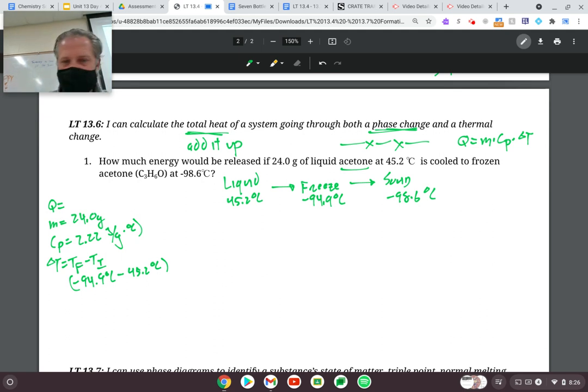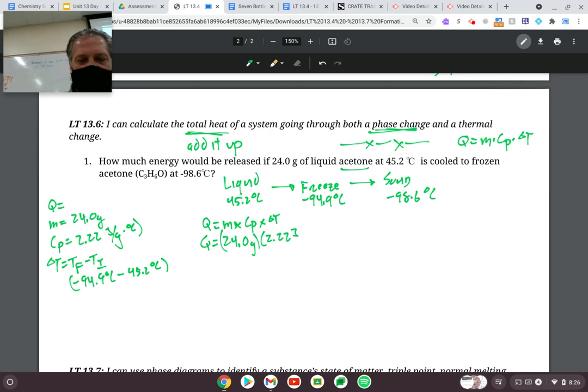Okay, now so now I'm just going to use my heat formula, which is Q is equal to mass times Cp times delta T. So Q is equal to the mass, which is 24.0 grams, times the specific heat as a liquid, which is 2.22 joules per gram per degree Celsius, times the change in temperature, which is negative 94.9 minus 45.2 degrees Celsius.